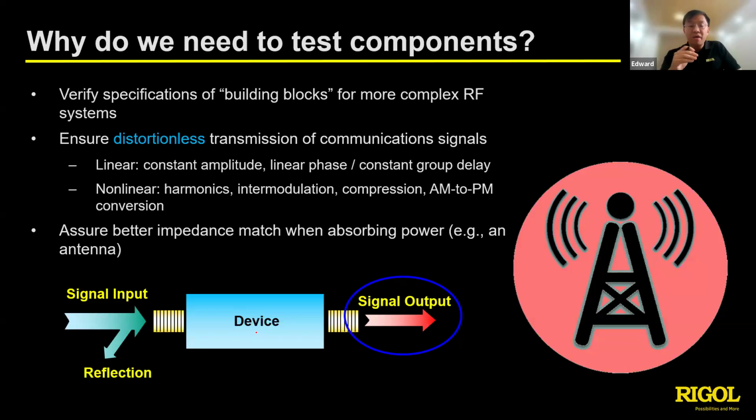So we need to calculate the S parameters for the power or transmission efficiencies more accurately. So we need to use the network analyzer to do more accurate tests or validations in advance, before we assemble all the components up to the system level. So we use the network analyzer to verify all kinds of components in advance.